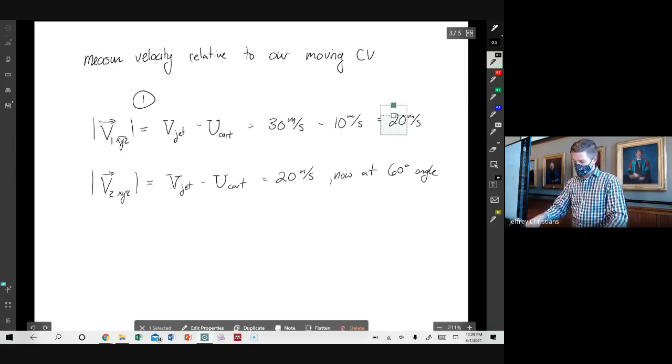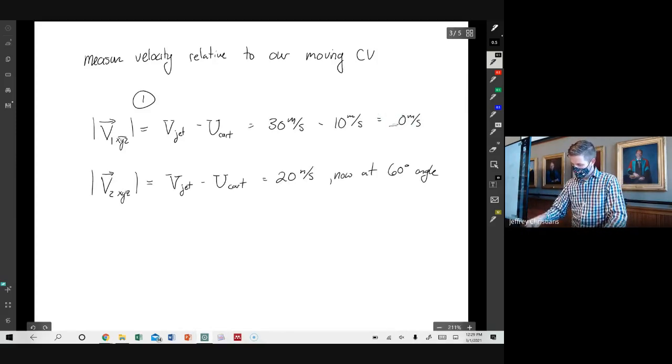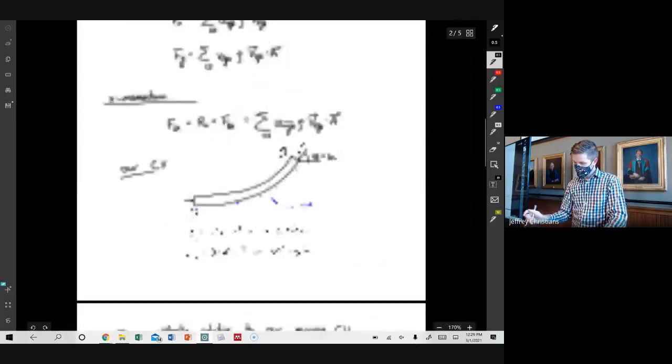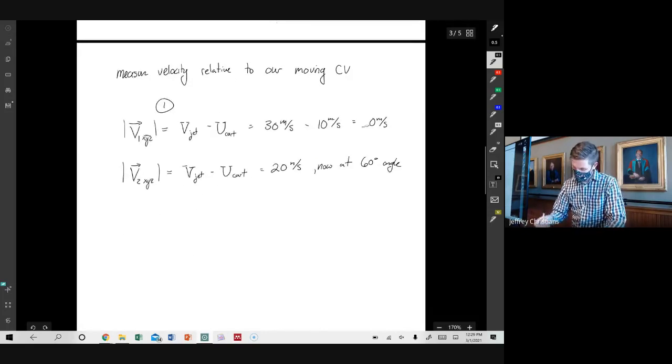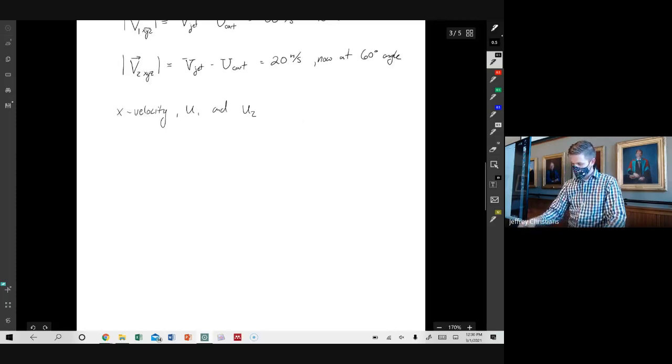So how do we deal with the x momentum? That's going to be the velocity vector. We need to find the x velocity, which is u1 and u2, because those are the two things that we care about.